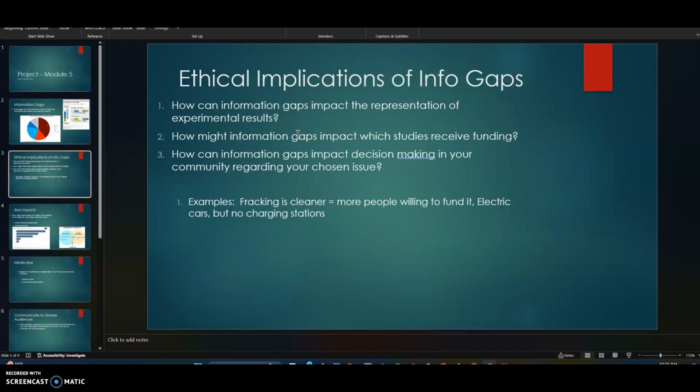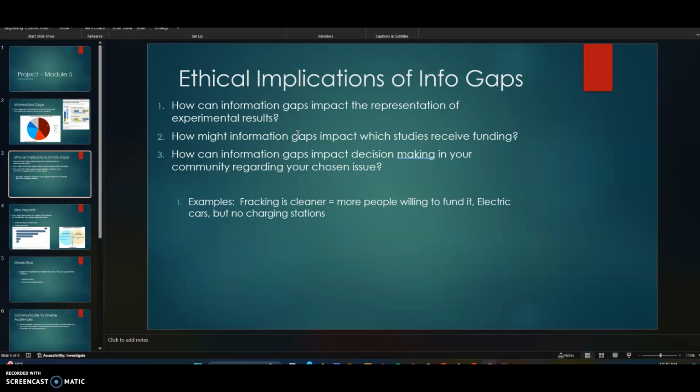Another good example would be electric cars. Recently in my community, there's a big push for everyone to have electric cars. There's even grants to help people obtain electric cars. But they didn't think about the infrastructure. So that's an information gap, right?